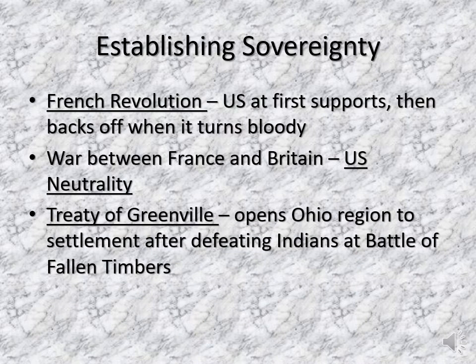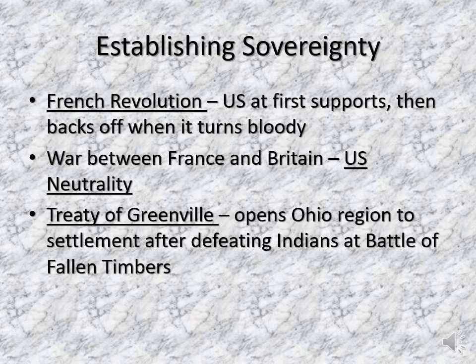The French Revolution actually occurred shortly after the American Revolution, and if you remember, the French did in fact help the United States win the American Revolution, and the United States does support France in the beginning of the Revolution.